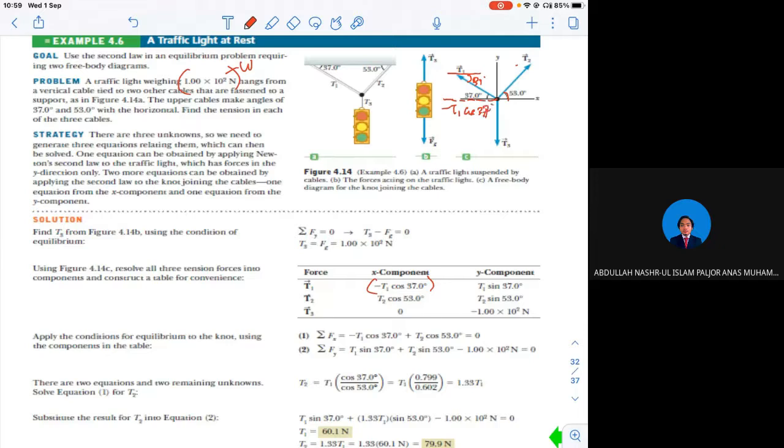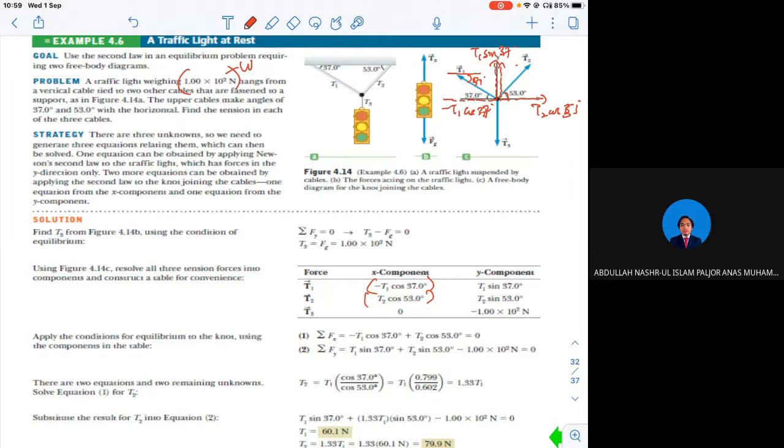Look at how they write it down. And of course, Ty is T1 sin 37, a positive value. Why is T2 cos 53? T2 cos 53 is here.